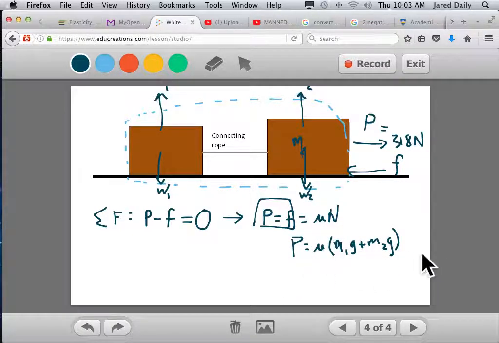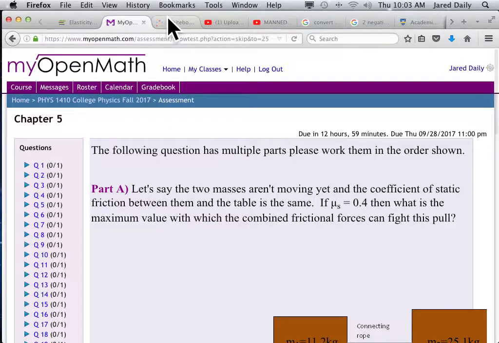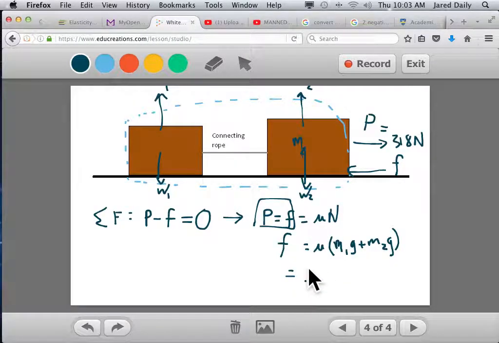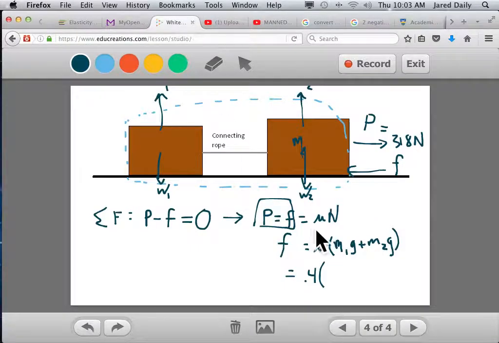We still have to do this calculation, but we know this stuff. We don't have to figure out the mu or anything that's given to us. So we can just calculate the friction directly from this equation. Mu is given to us, what is it? I don't remember. 0.4, right? We put in our 0.4, mass 1 is 11.2, and mass 2 is 25.1.